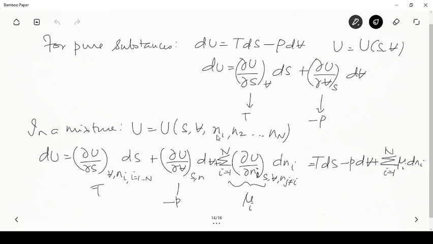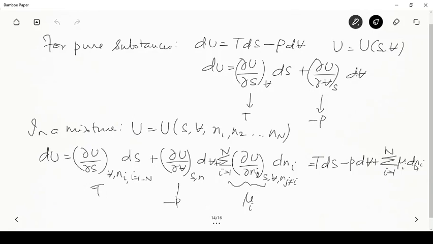So if I take each one of these as a generalized coordinate for each mode of interaction, then the corresponding generalized force works out to be mu i according to this equation. So mu i is the generalized force for chemical work, and Ni is the generalized coordinate.